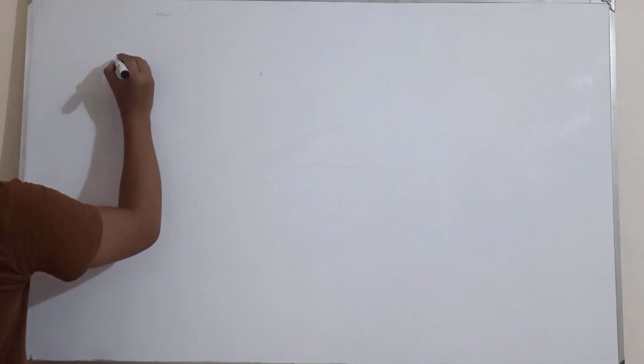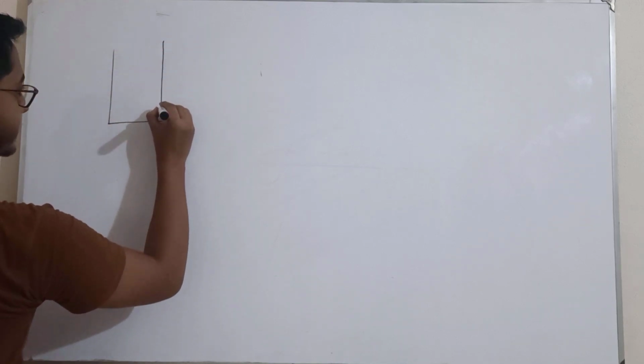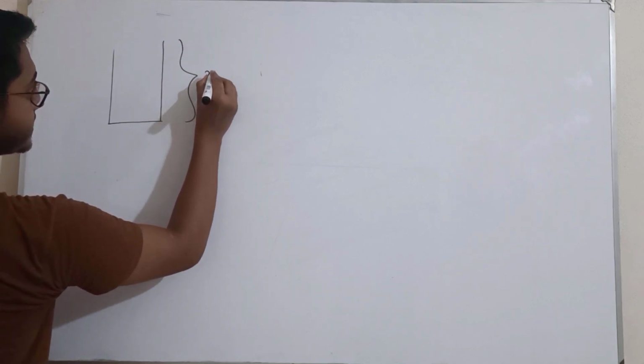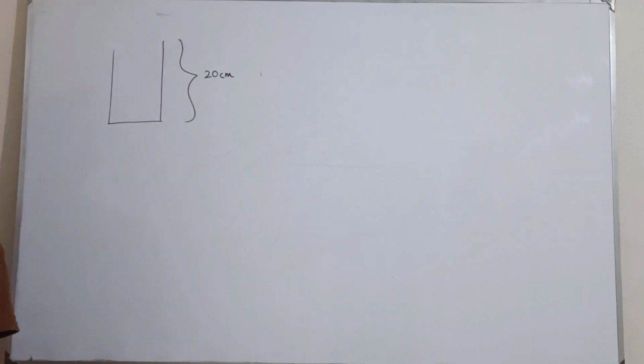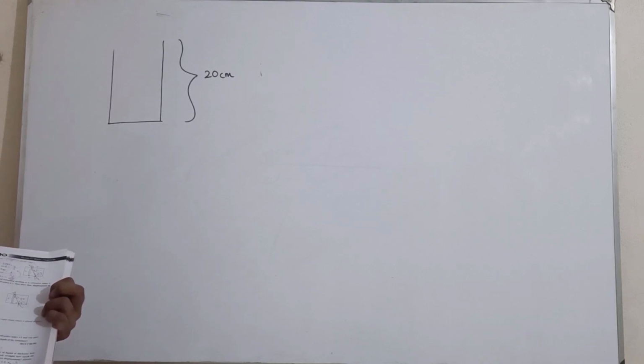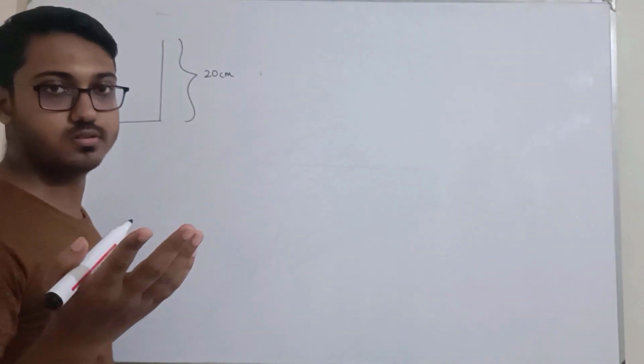Now see, it's given that 1/5 part of a container of height 20 centimeter is immersed in a liquid of refractive index 1.3. Suppose I have a container of 20 centimeter total height. 1/5 means 4 centimeter, right?